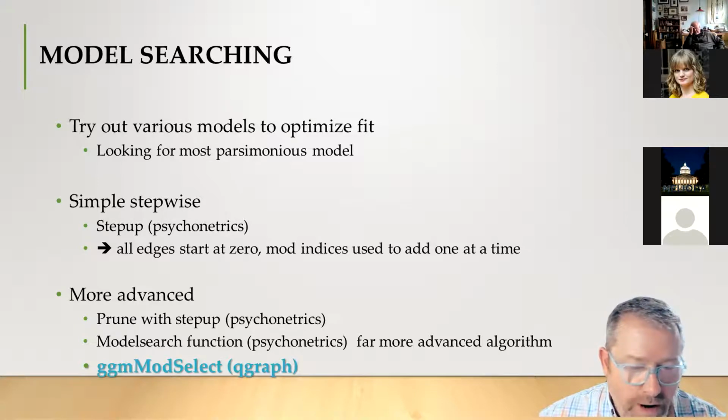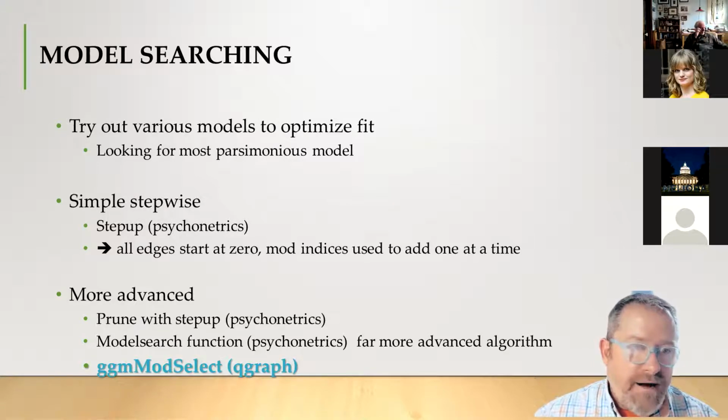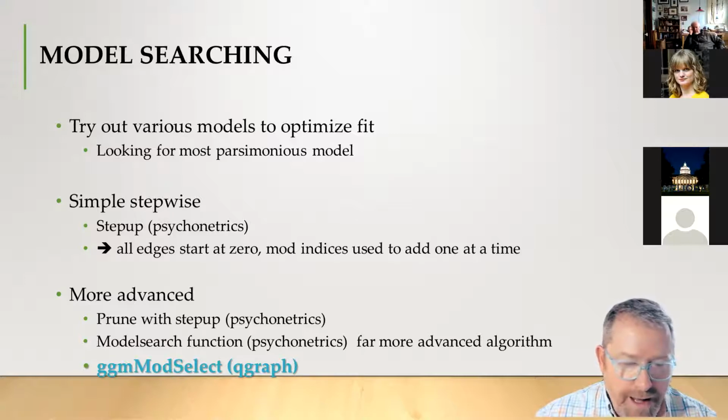But there are more advanced ones. If you add several edges and some of the ones that were already there suddenly get weak, you can prune them out. So you can do a sort of step up with pruning.